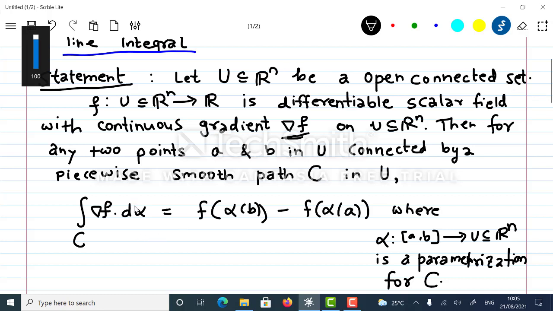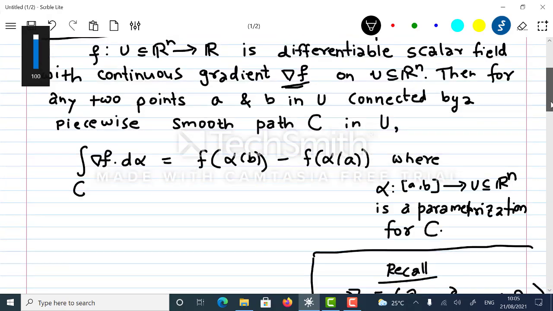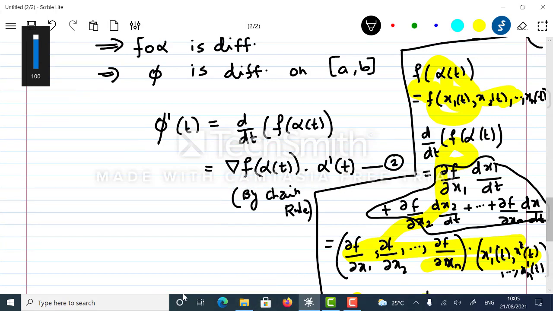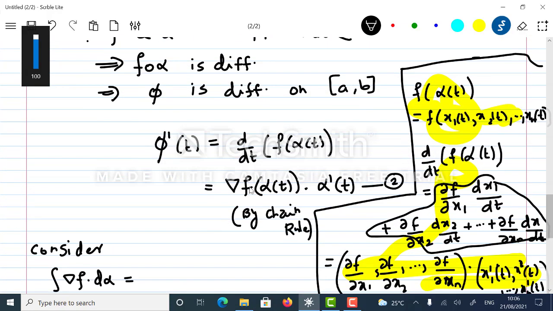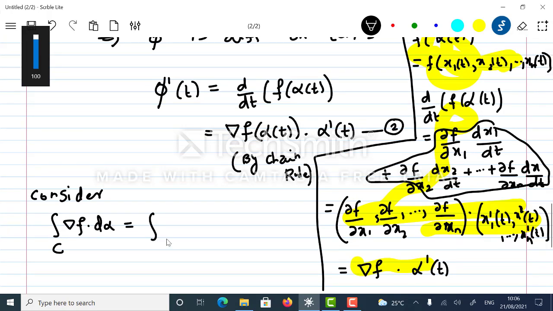Let's start with the left-hand side, the line integral along C of gradient f. Consider the line integral over C of gradient f dot d alpha, which is the same as the line integral from a to b of gradient f of alpha t dot alpha dash t dt, from 1.